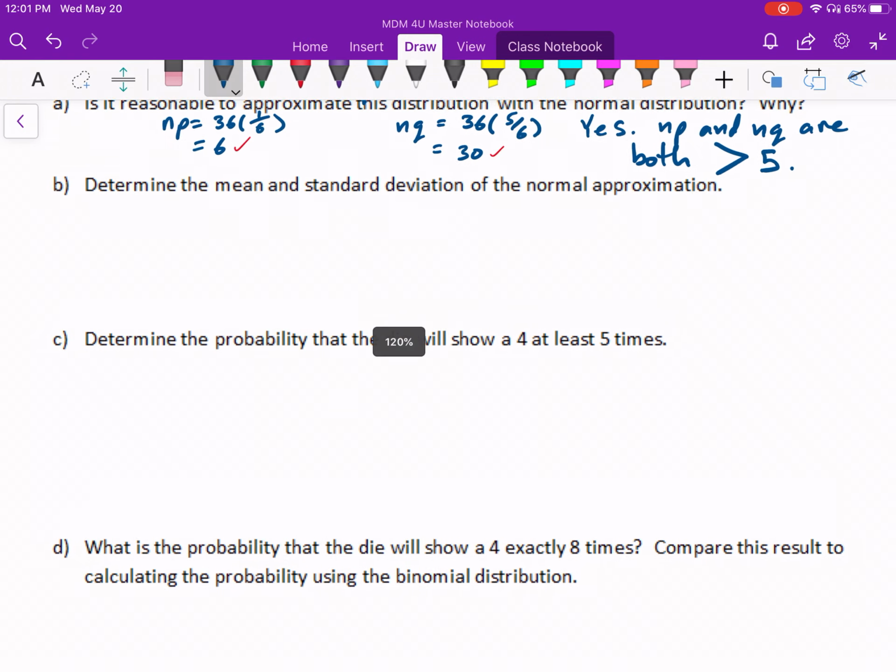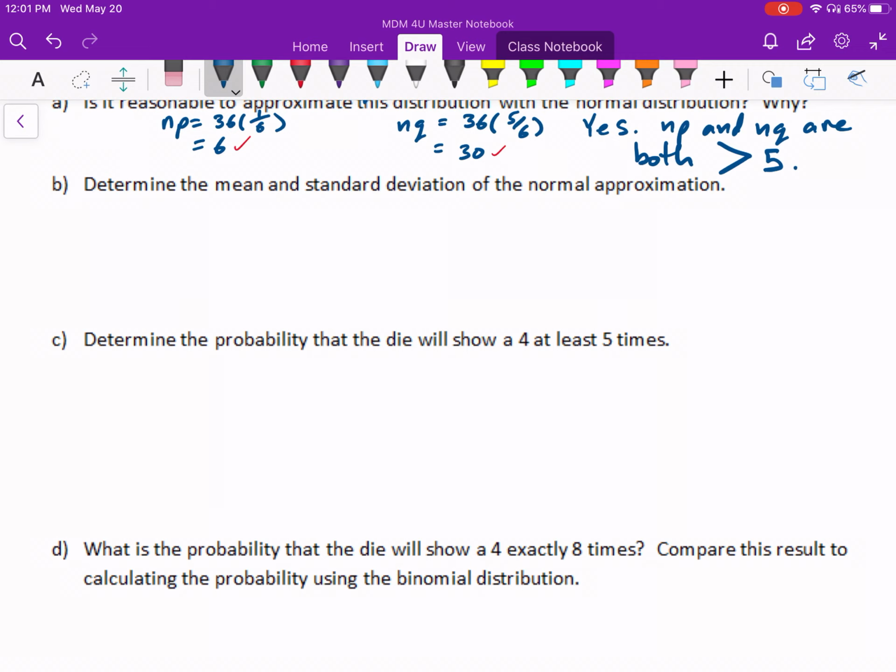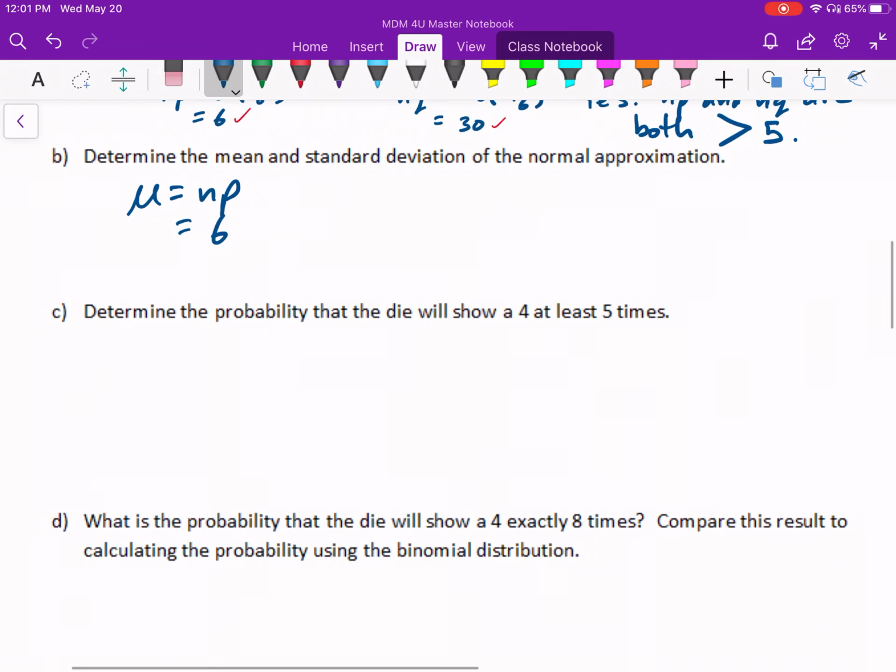Next, if we're going to do the approximation, we need to have a mean and a standard deviation so we can calculate z-scores. Remember that the mean is equal to np. We've already calculated that, so we know that's 6. Sigma, the standard deviation, is equal to the square root of npq.